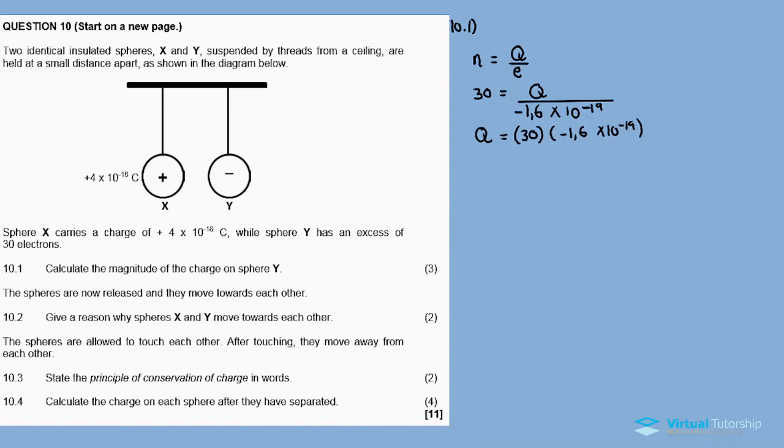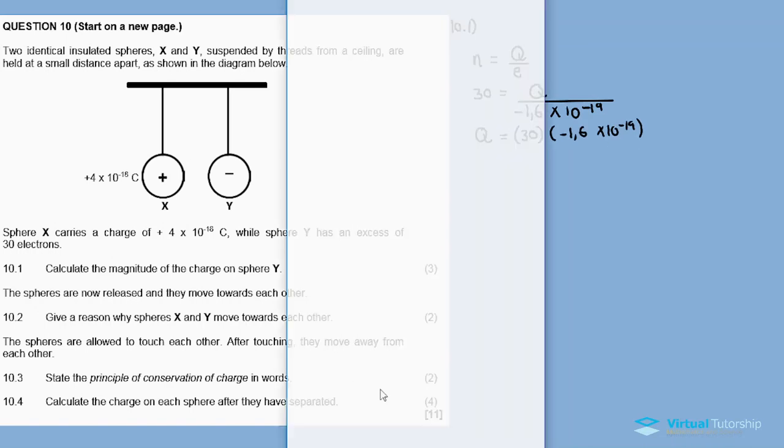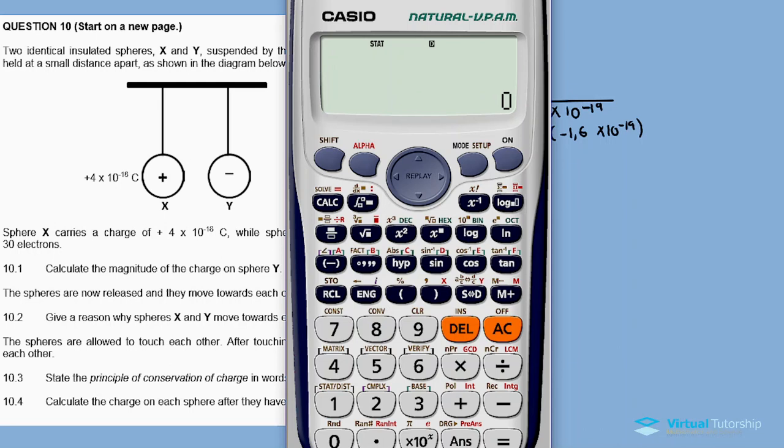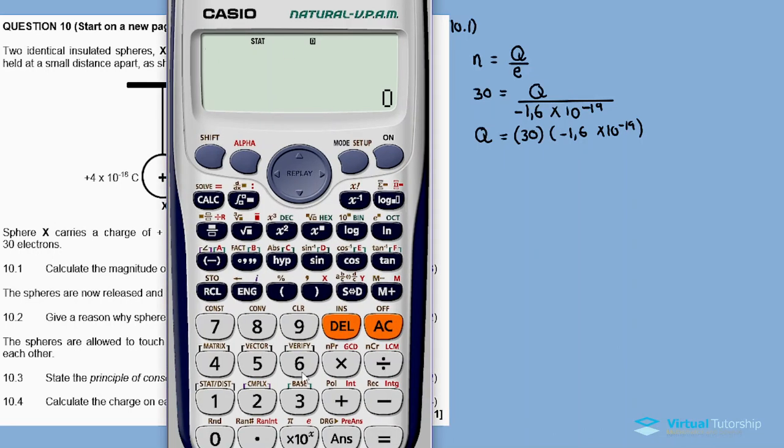After cross multiplication, Q is equal to 30 times minus 1.6 times 10 to the exponent minus 19.